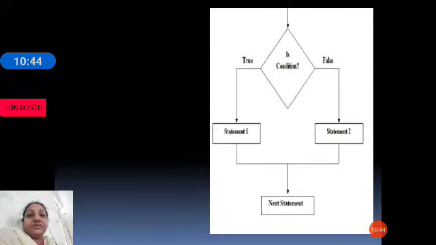If the condition is false, statement 2 is executed. But both are not executed, either statement 1 is executed or statement 2 is executed. So, it is called two-way branching. Whereas in simple if statement, only if the condition is true, the statements are executed.